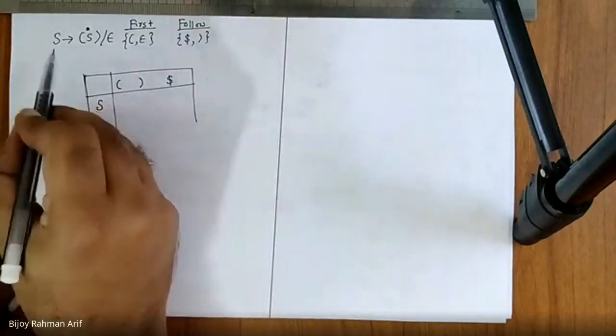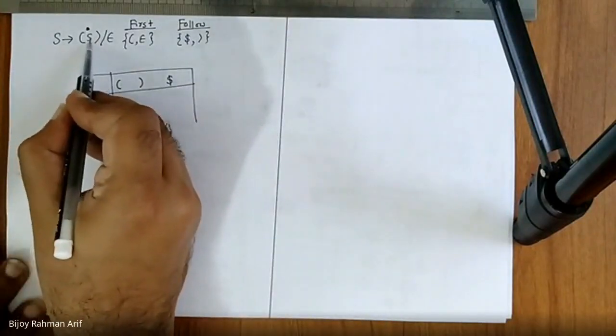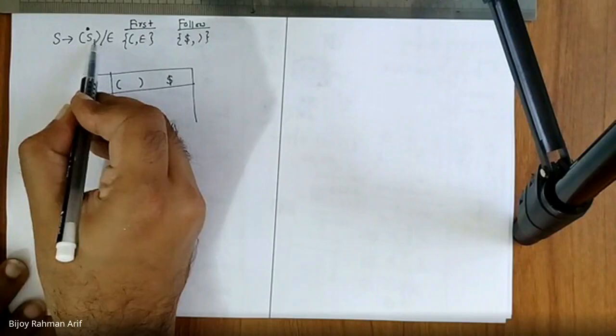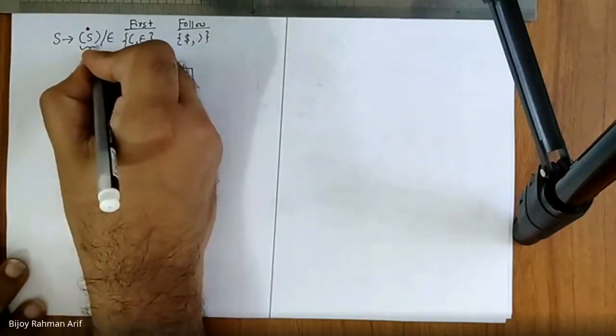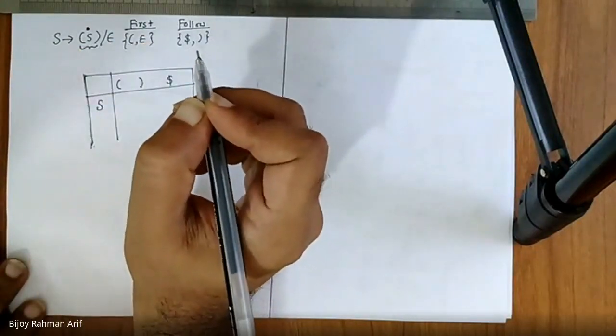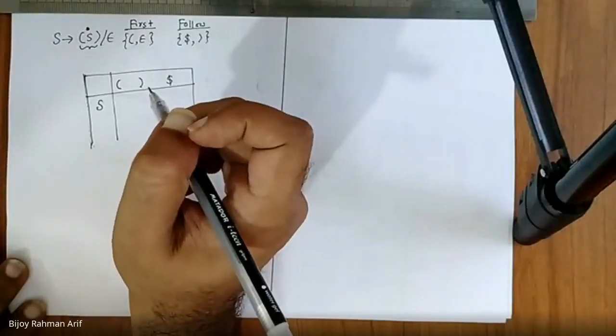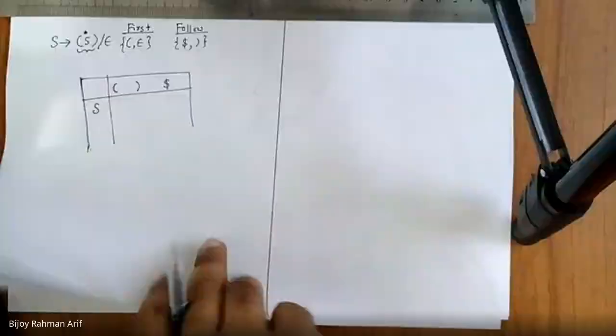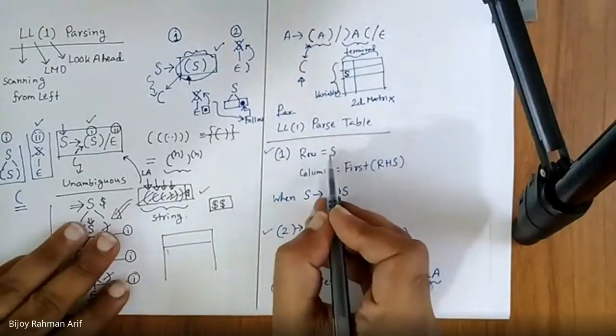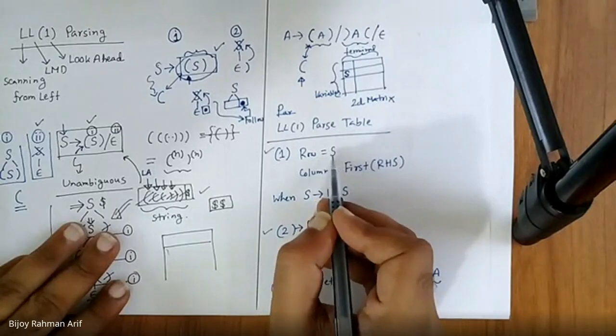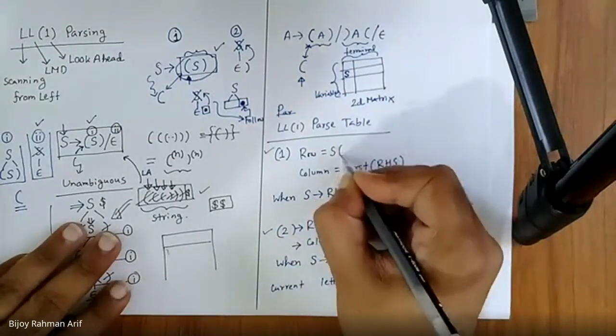Now S derives to open parenthesis S close parenthesis. Is the right hand side epsilon in this production? No. So which rule am I going to use? Rule number 1. So what is rule number 1? My row would be S. Row would be S, that means the variable.